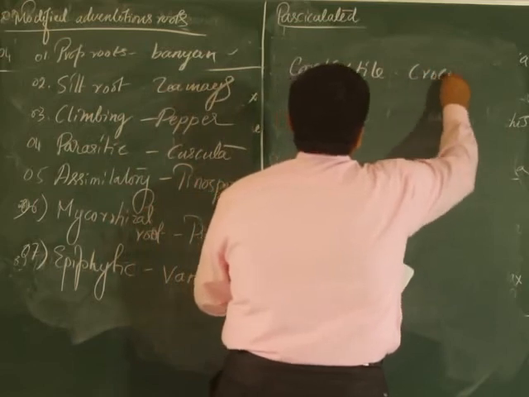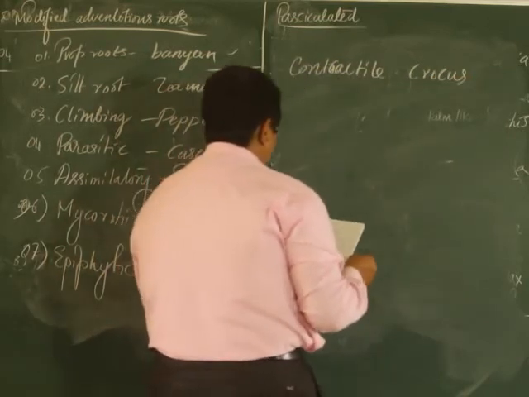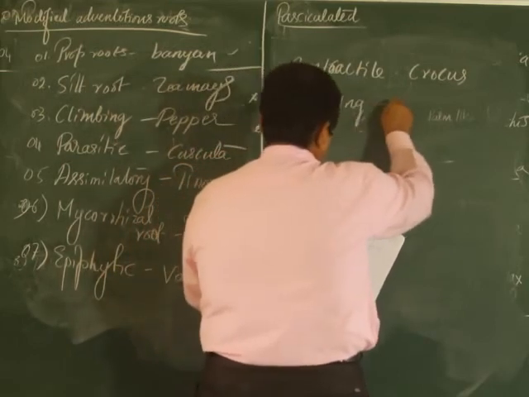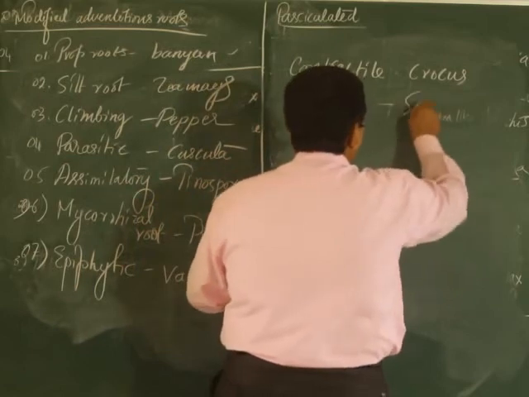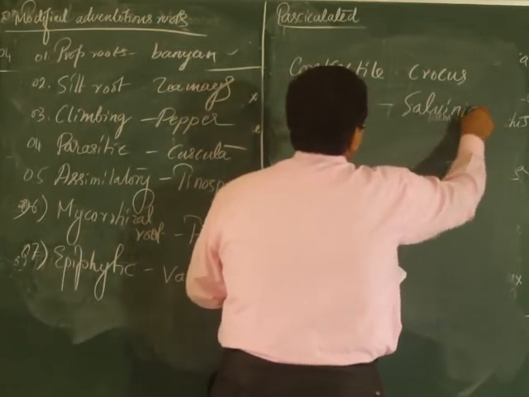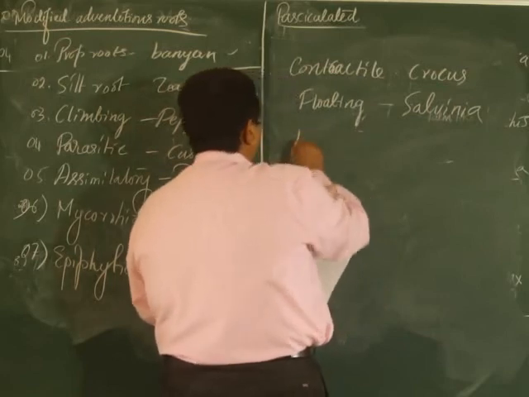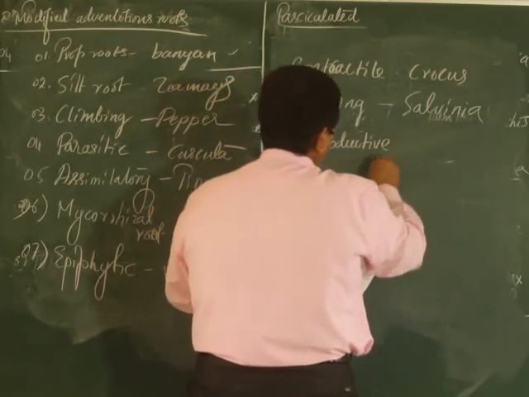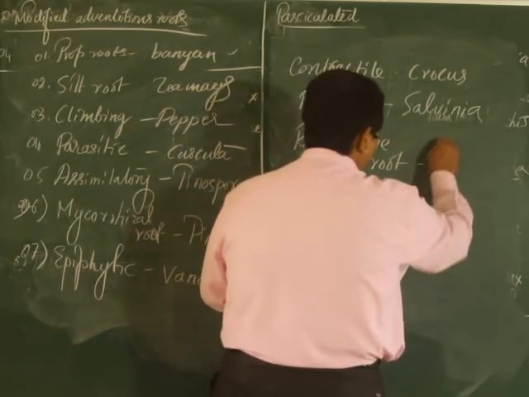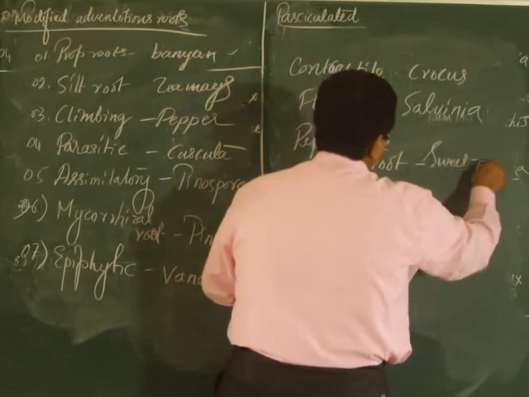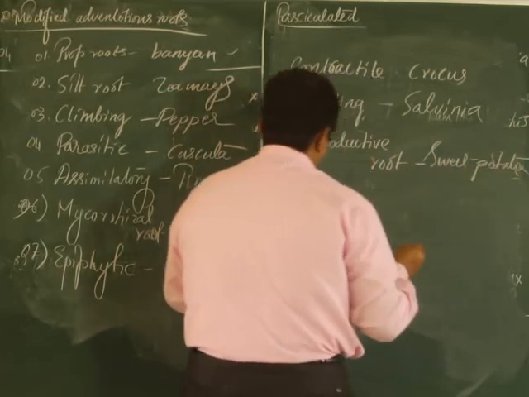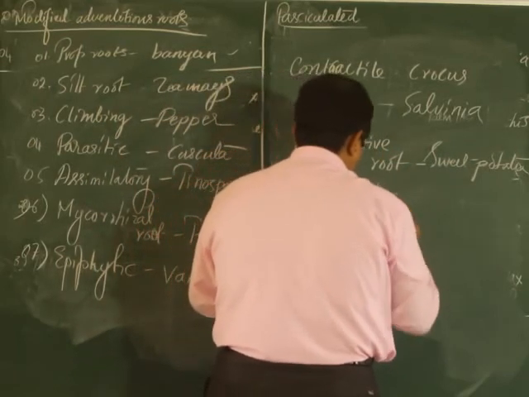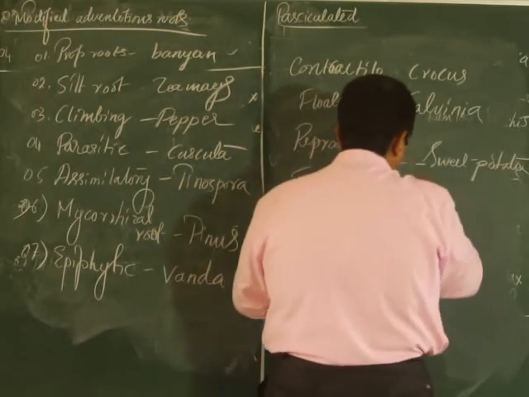Then floating roots, it is seen in Salvinia. A reproductive root, it is seen in sweet potato. Thorn root, Acanthorrhiza.